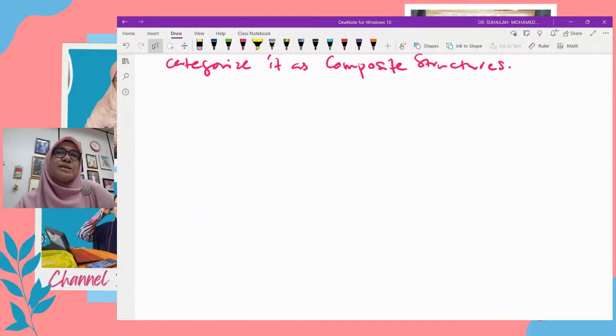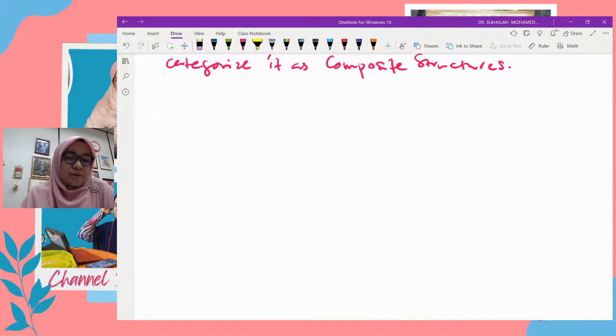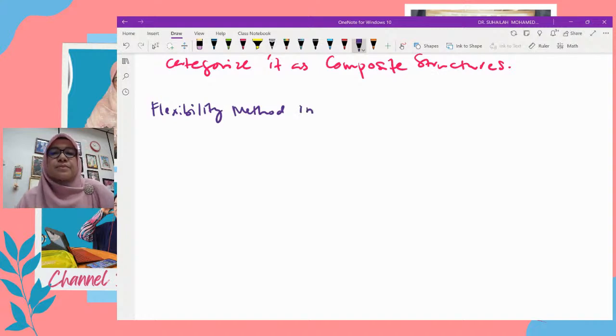So what do we do whenever we want to analyze a beam using the flexibility method? In the flexibility method for a frame, it is actually the same thing. Number one, we still need to identify the DOI. Number two, why do we need to calculate the DOI?